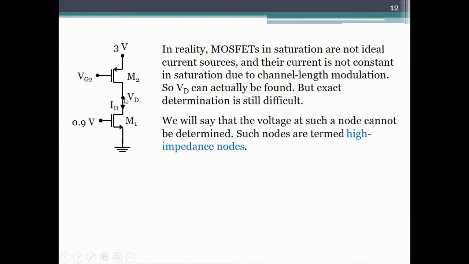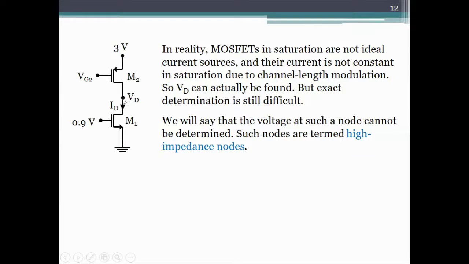Still, in analog circuits, because the source resistance of a MOSFET is very high in saturation, and its value in reality is very difficult to determine exactly, we say that nodes such as these are high impedance nodes, and we will continue to say that we really don't know VD even if channel length modulation is included.